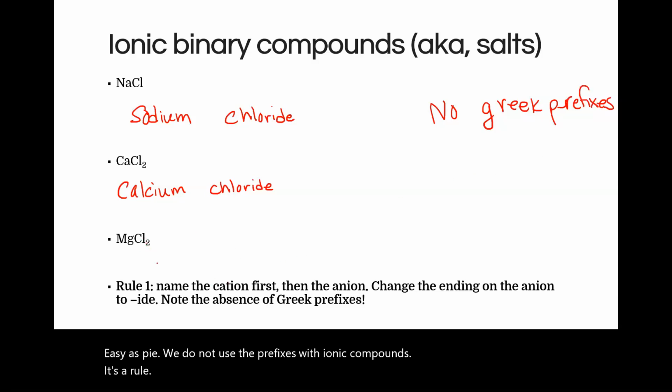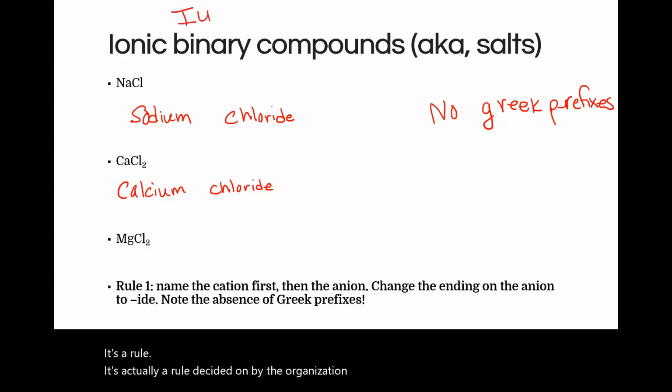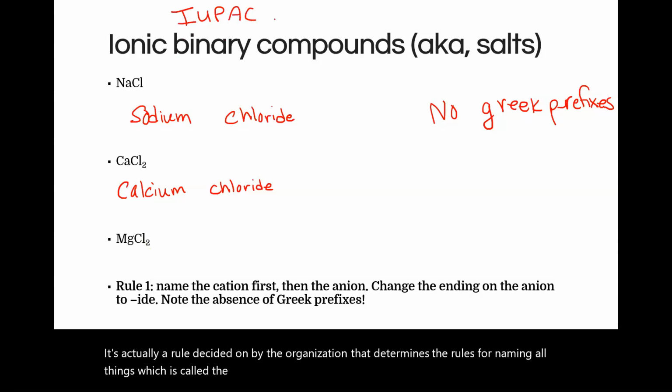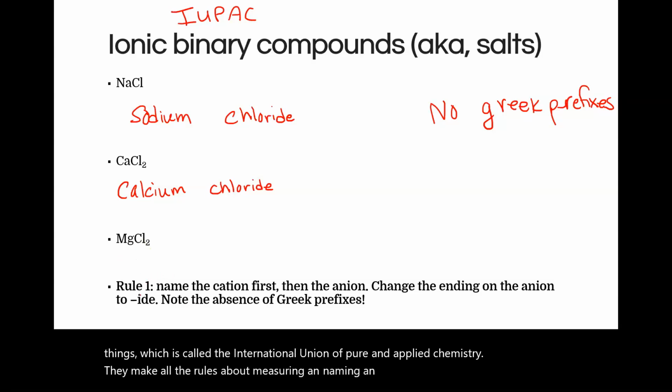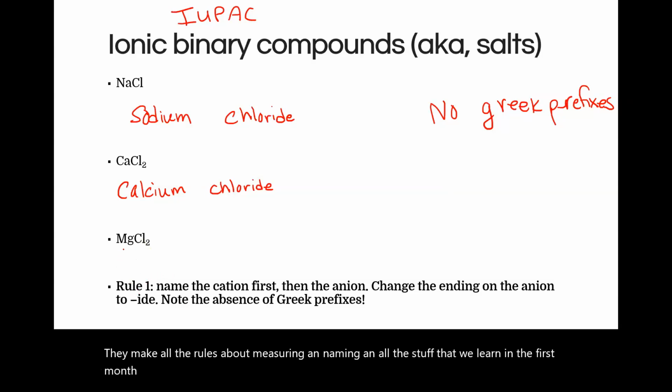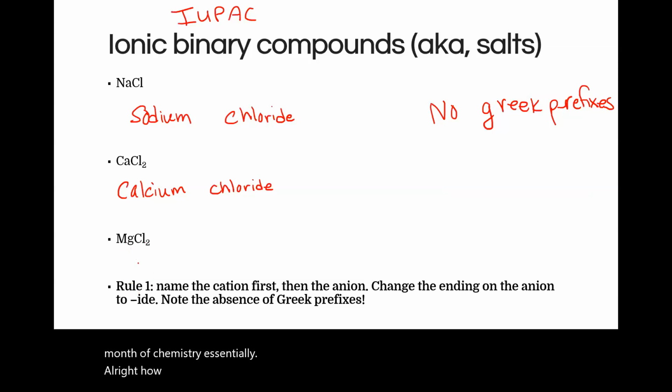It's actually a rule decided on by the organization that determines the rules for naming all things, which is called the International Union of Pure and Applied Chemistry. They make all the rules about measuring and naming and all the stuff that we learn in the first month of chemistry, essentially.